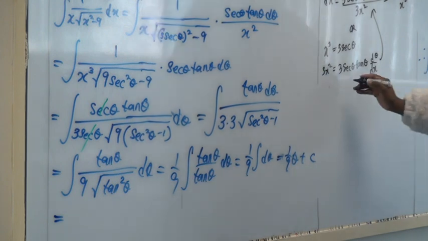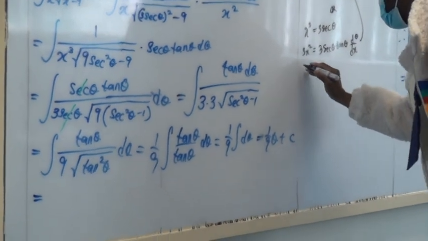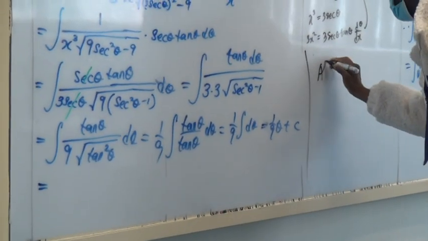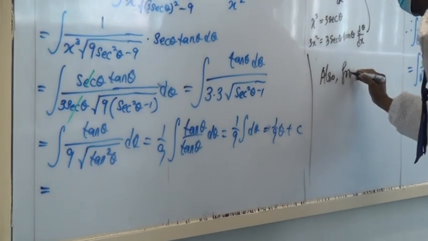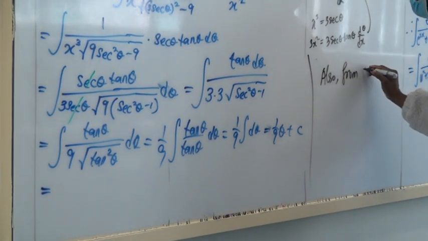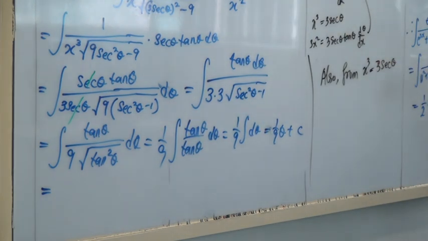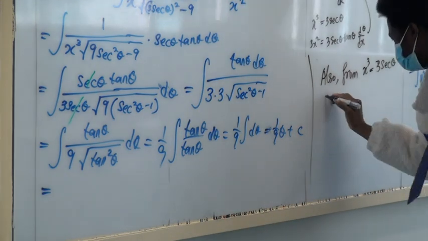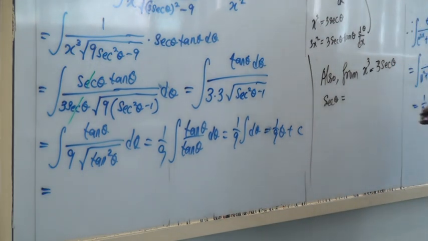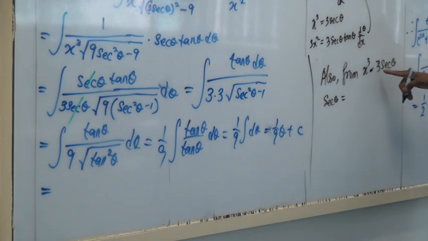Before we move to this part, from x cubed is equal to 3 sec theta, it means that sec theta is equal to what? x cubed over 3.